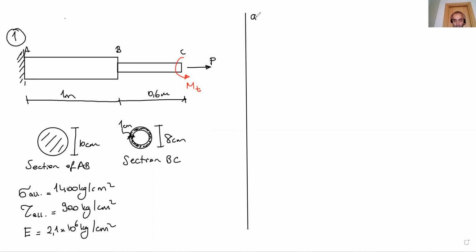The first one is, I'm gonna write the full text here. This was an exam question.